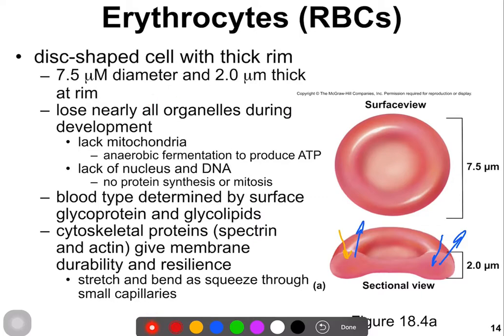It's kind of wild that they carry oxygen, yet they lack mitochondria, and they actually rely upon anaerobic fermentation. But that's okay because they have a large surface area and they're bathed in blood, so they can deal with the buildup of lactic acid, and it won't build up. They also lack a nucleus and DNA, which of course indicates that they cannot repair themselves.